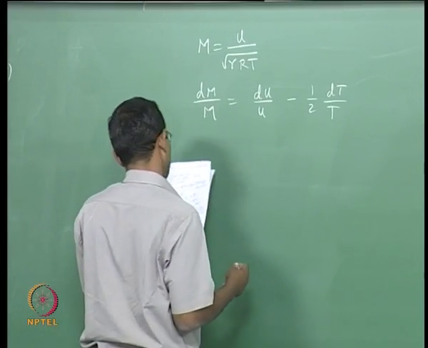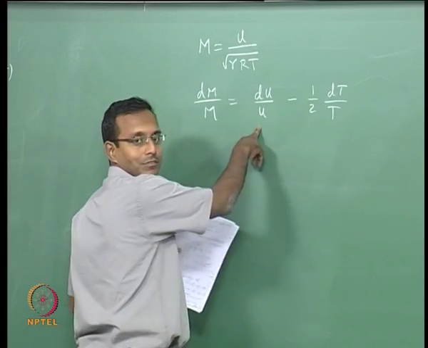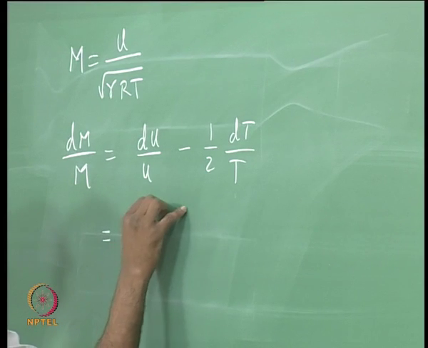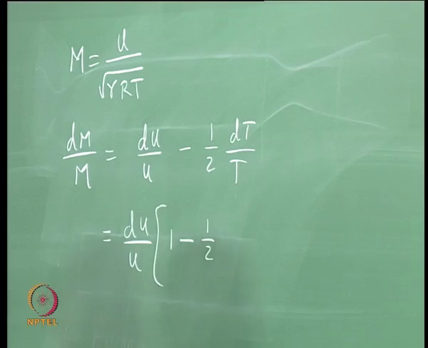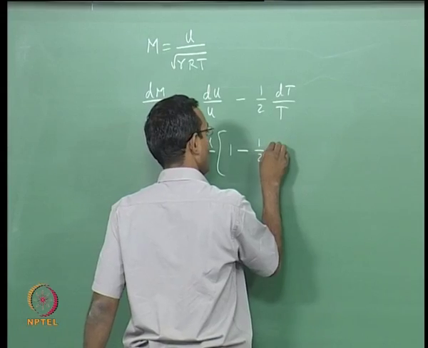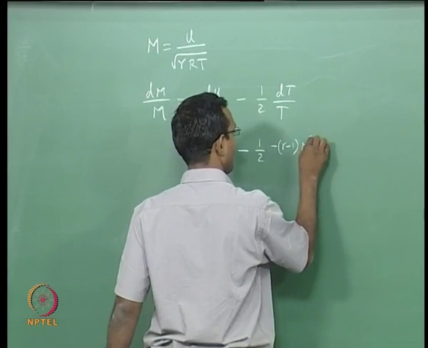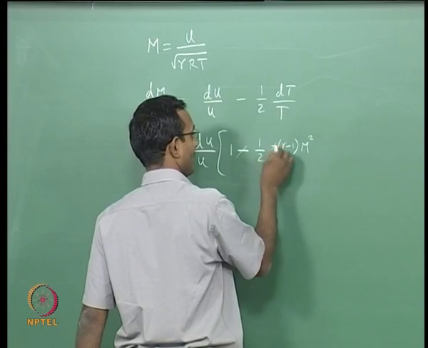Now, I will substitute my dT by T in terms of du by u here. So, I am going to have du by u pulled out common, 1 minus half times dT by T, which will be minus gamma minus 1 M square times du by u. This and this will get cancelled, it will become plus.